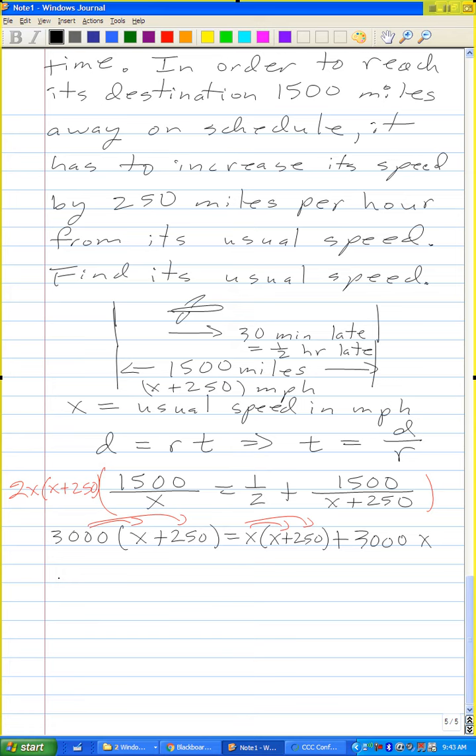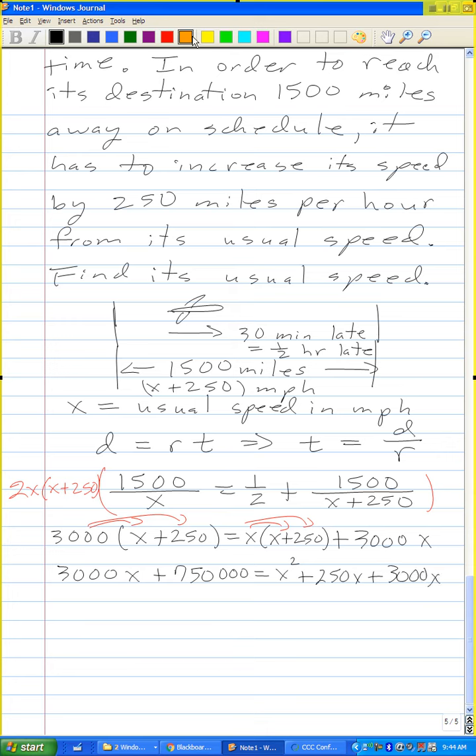3,000x plus 750,000. Wait, yes, because that's 750,000 equals x squared plus 250x plus 3,000x.